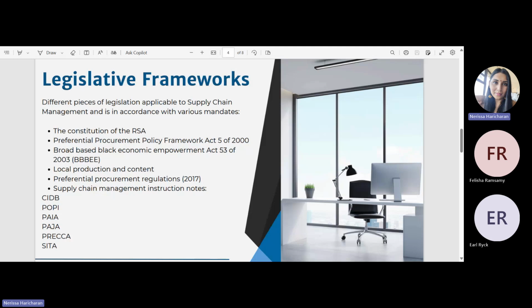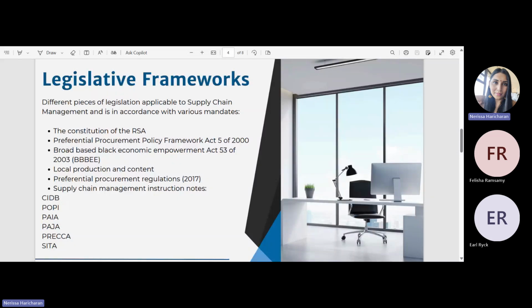It allows for your preferential procurement policy to address any past inequalities, where maybe someone was unfairly treated and wasn't able to get a bid or a specific tender. This is basically the foundation for all supply chain management related laws and policies.